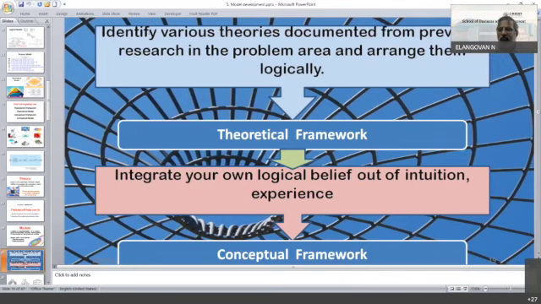See, the actual connotation may be different. As Saklesh sir was telling, a conceptual model is something that is a general phenomenon, and a theoretical model is a framework of the theory.